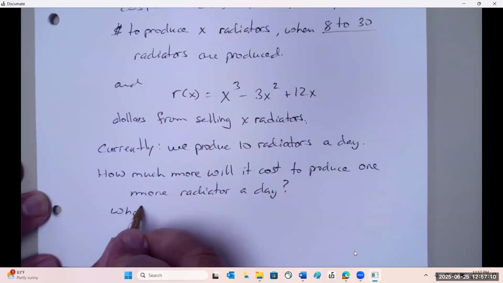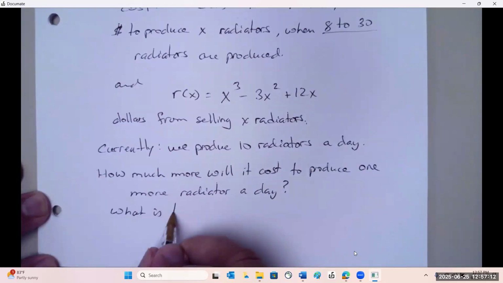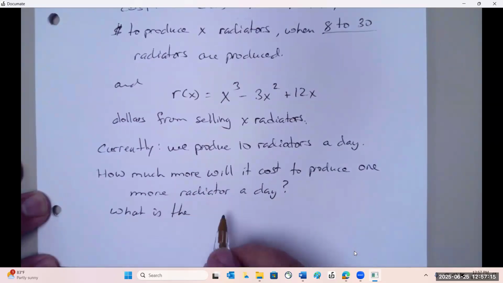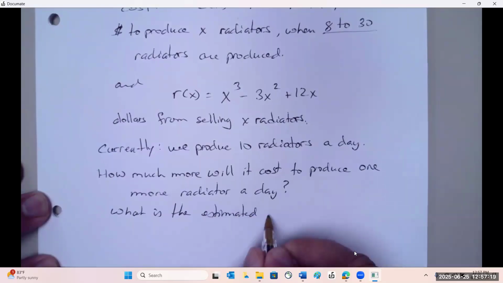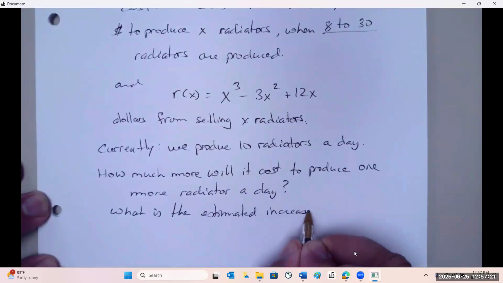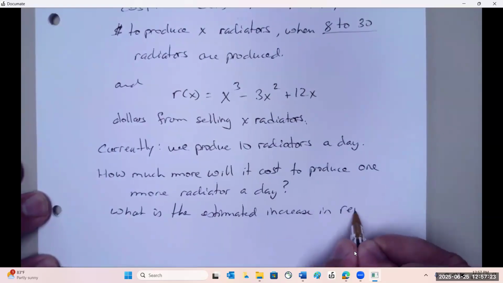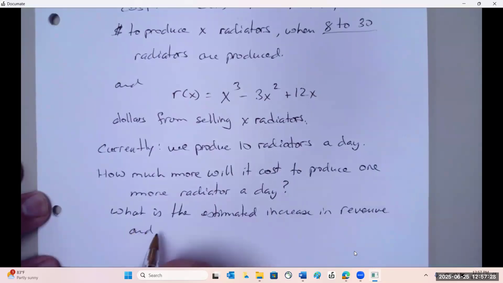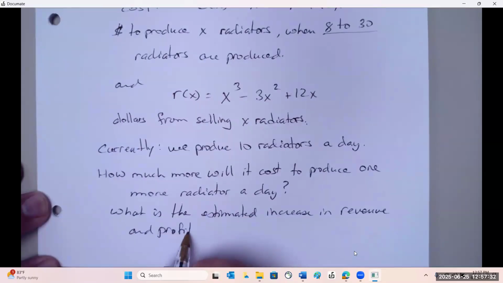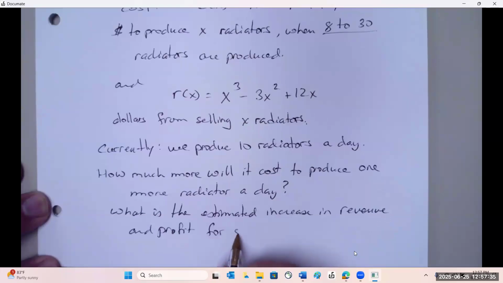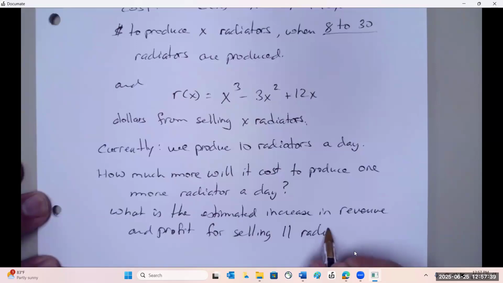And then what is the estimated increase in revenue, then profit, for selling 11 radiators a day?